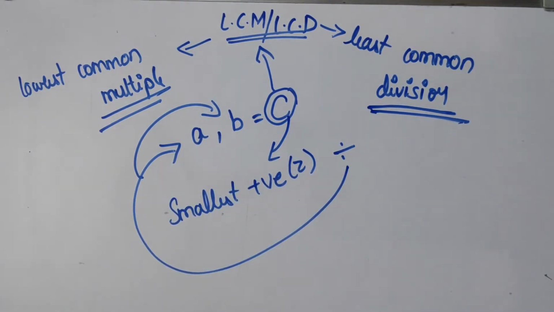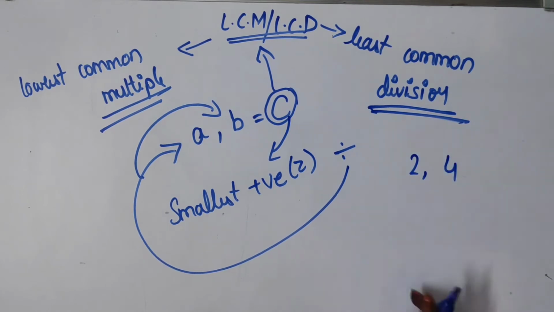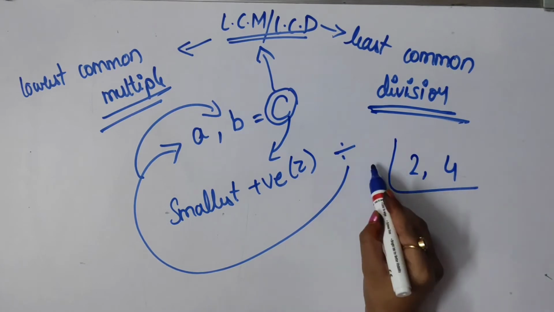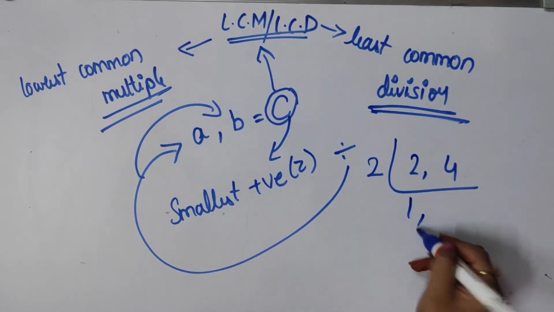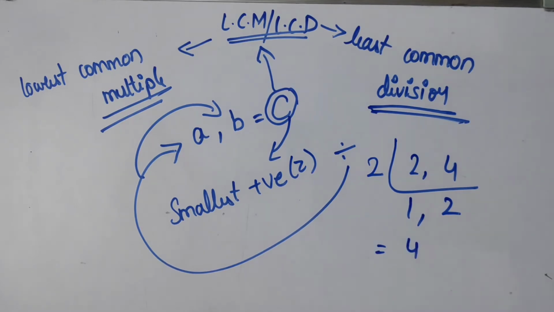Now let's take an example. I'm going to take 2 and 4. So the LCM of these two numbers: 2 ones are 2, 2 twos are 4, and 4 is the LCM of these two numbers.